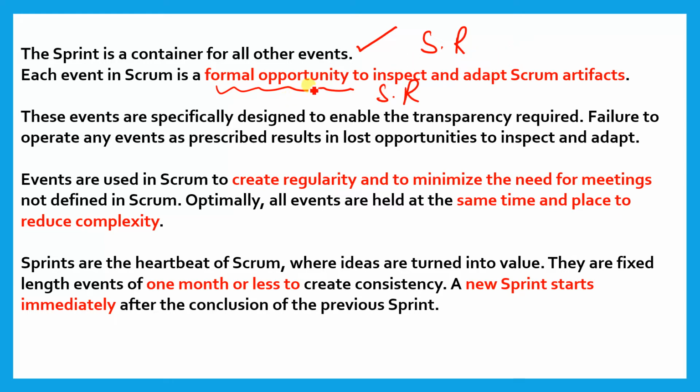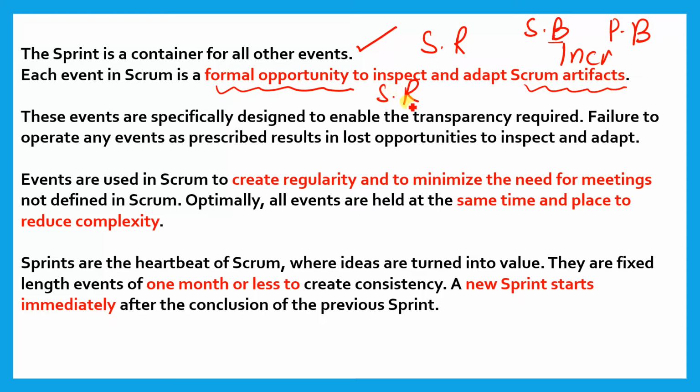These are formal. We have to inspect and adapt scrum artifacts. What the scrum artifacts are, we will discuss in our next lesson, but quickly I will explain to you that the sprint backlog, product backlog, and increment, these three are called the scrum artifacts.